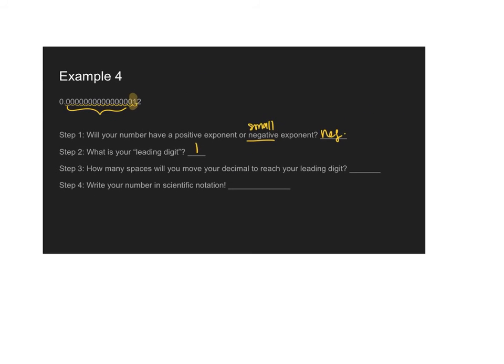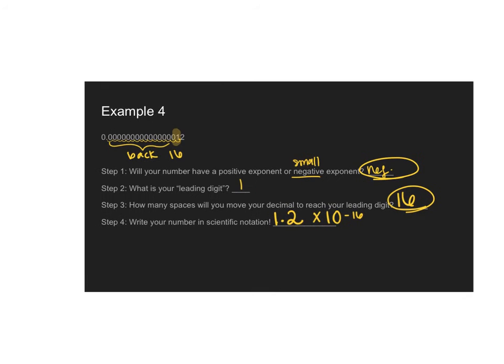So I move that 16 spaces. So my new number is 1.2 times 10 to the negative 16th power because I moved it back 16 spaces.